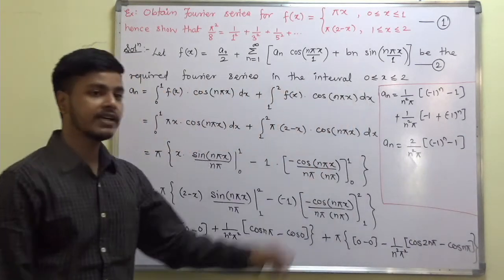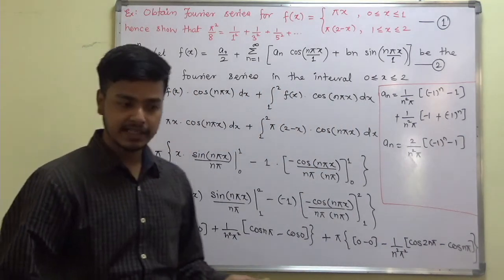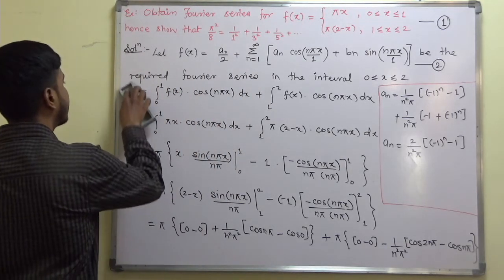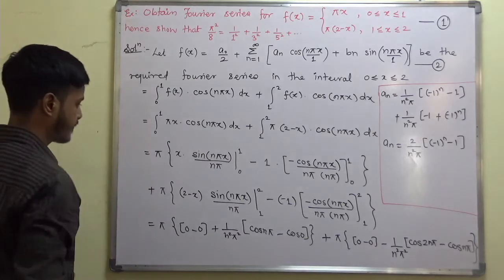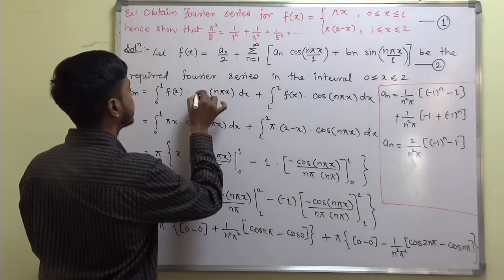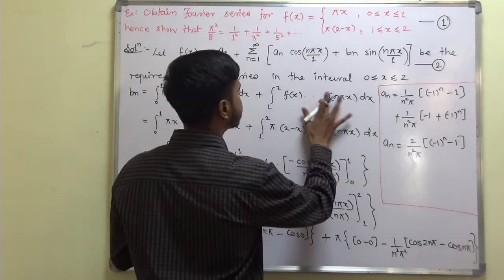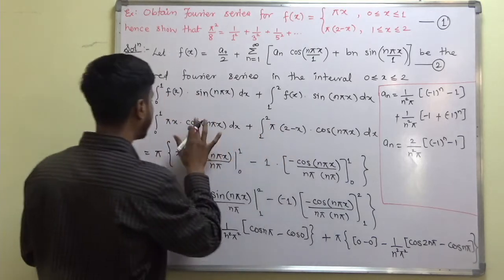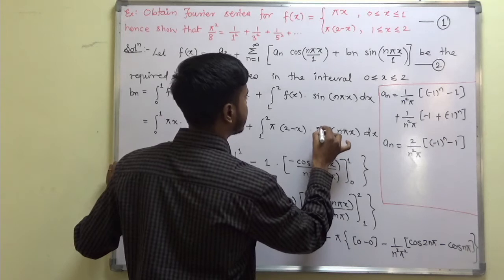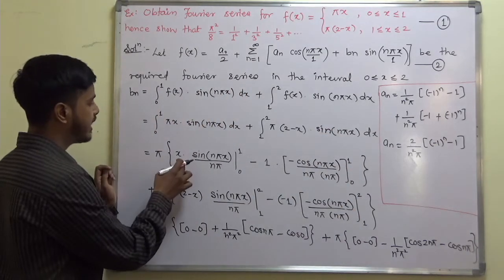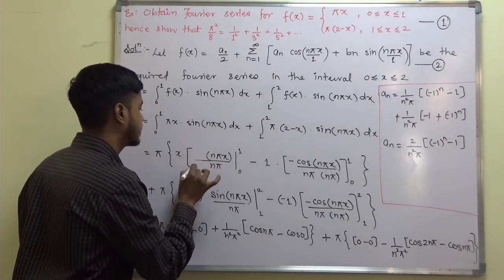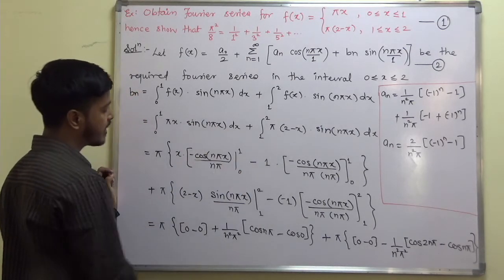Simple. Now after getting an, let us find out bn. Let me find this bn in quick time. So bn is pi x into sin n pi x, and again sin n pi x. Then pi x into, what is the derivative of sin? Minus cos n pi x.